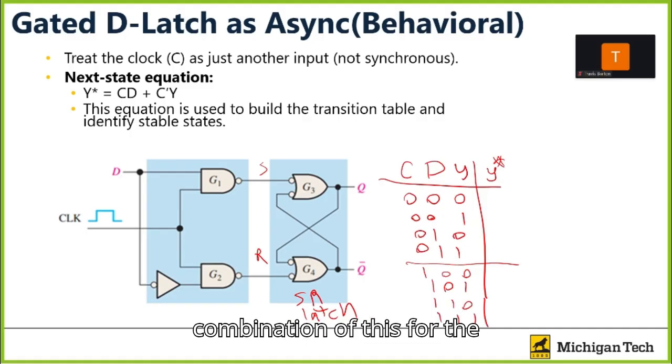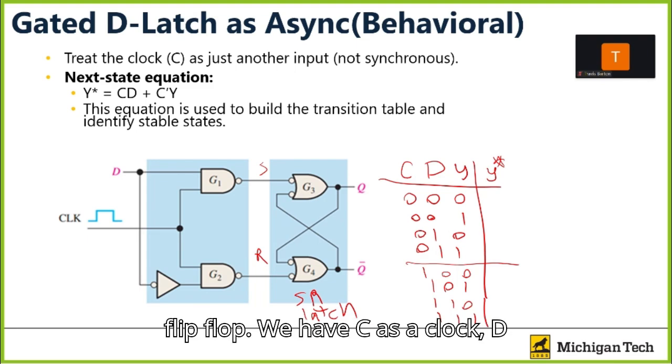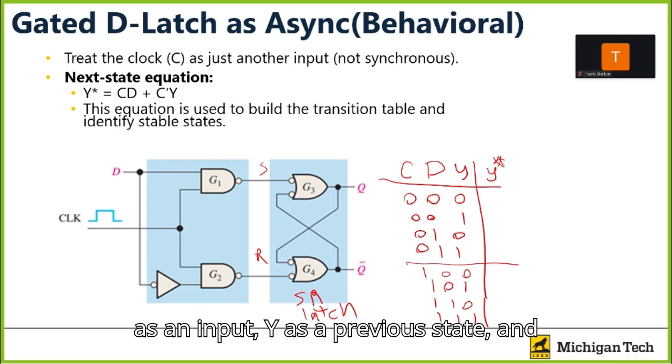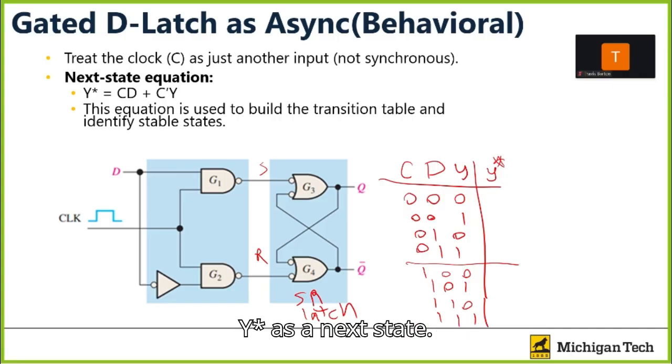This is all the combinations for the D flip-flop. We have C as a clock, D as an input, Y as the previous state, and Y star as the next state. So normally the D flip-flop acts like that.